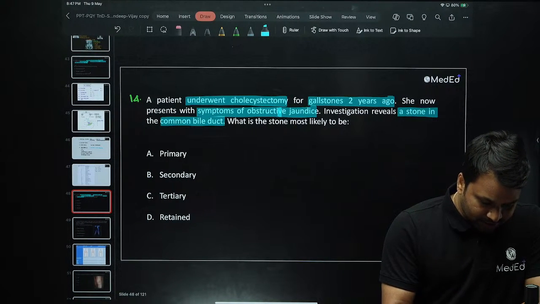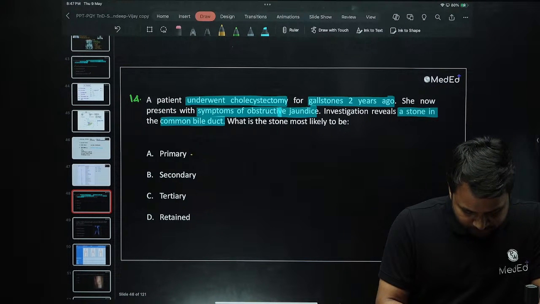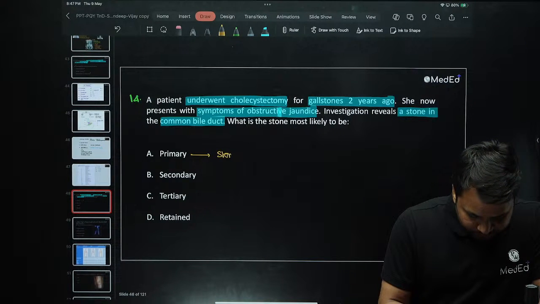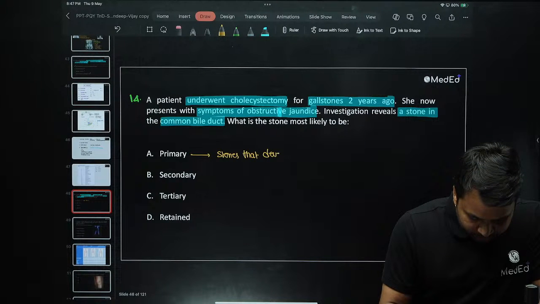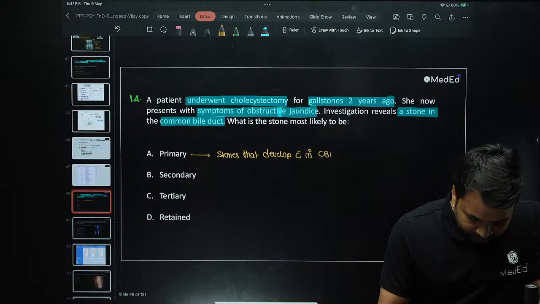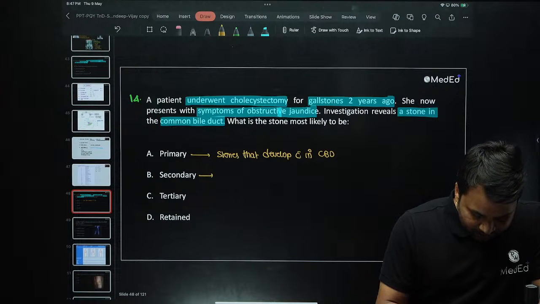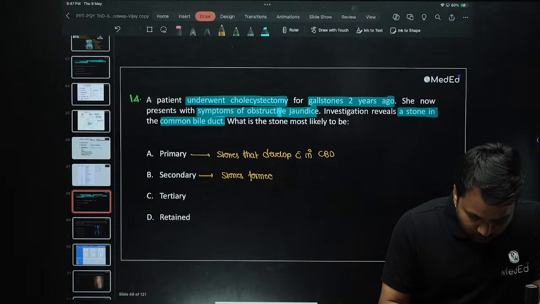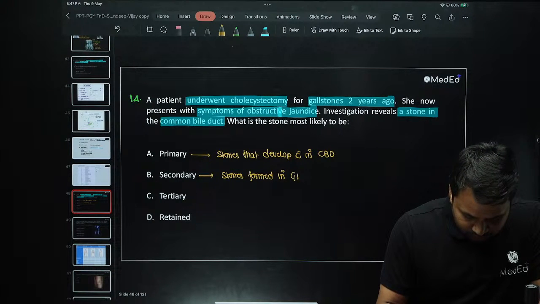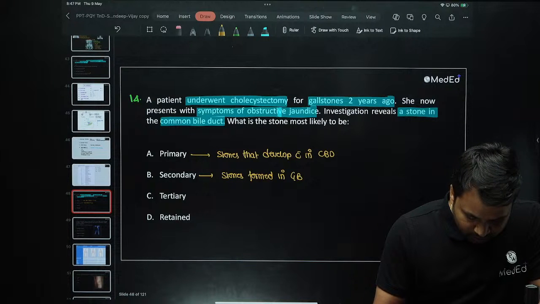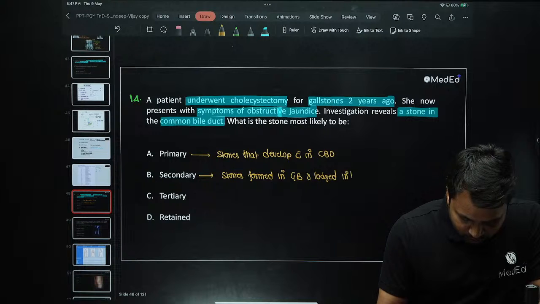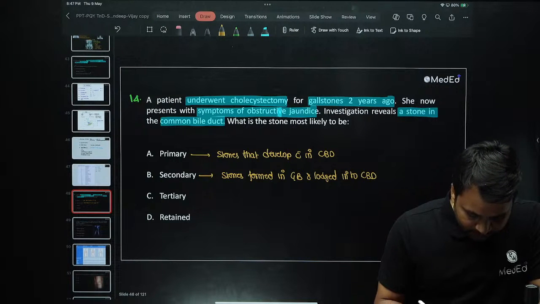Now, primary stones, let's understand the definition. What are primary stones? Stones that develop within the CBD, right? What are secondary stones? Stones formed in the gallbladder and lodged into the CBD. What are retained stones?